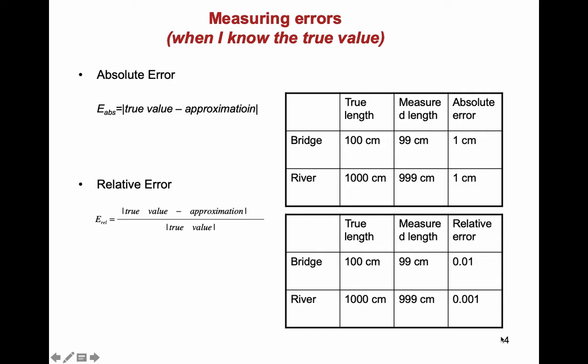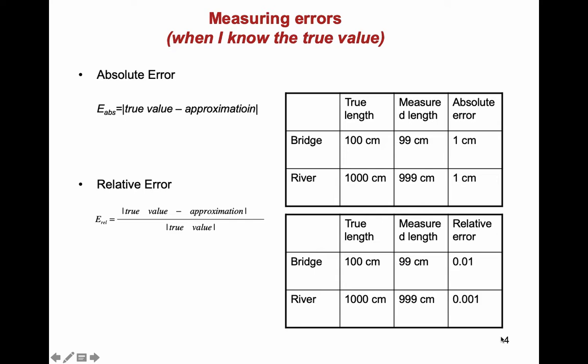But let's say a river is only 1,000 centimeters long, but I'm going to go with it. It's a very small river, I'll call it a brook, some sort of a stream. And I measure 99 centimeters of it. I again committed an absolute error of 1 centimeter. And we can immediately see the problem with this. 1 centimeter in the case of this bridge and 1 centimeter in the case of this river are two different types of error, right?